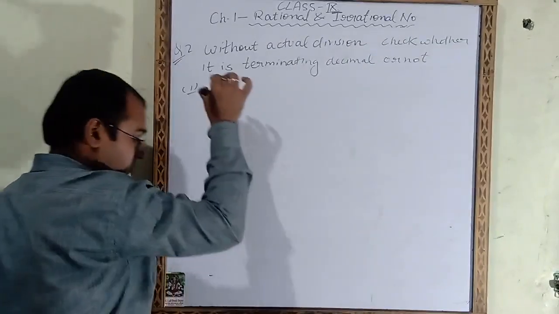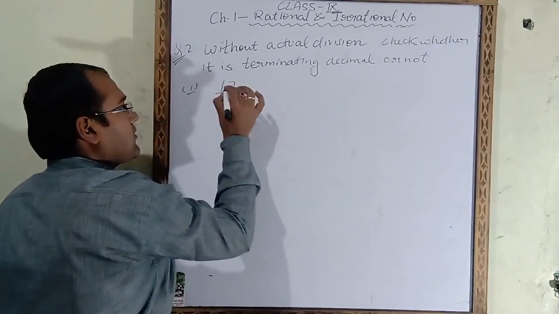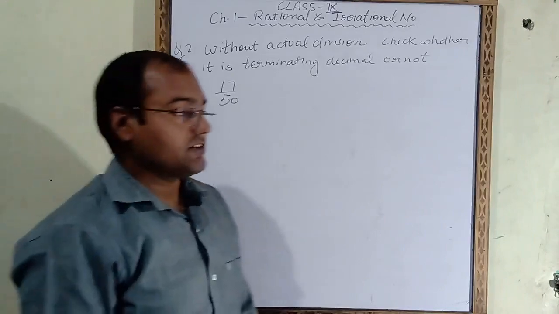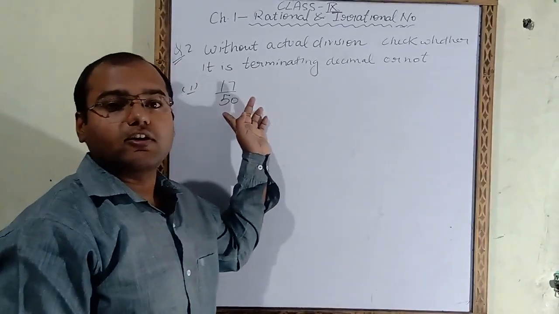And the question is 17 upon 50. So what is the question? We have to check whether this is a terminating decimal or not.